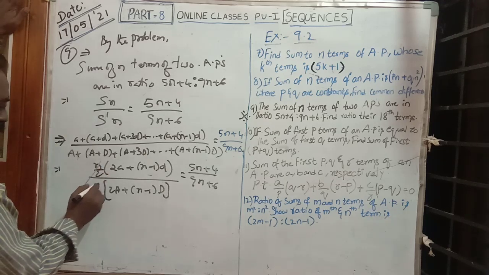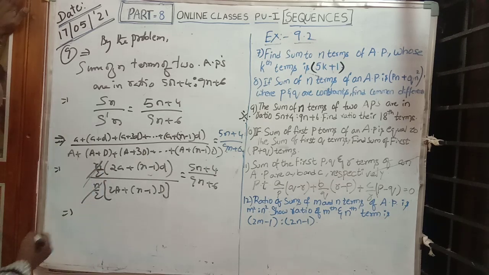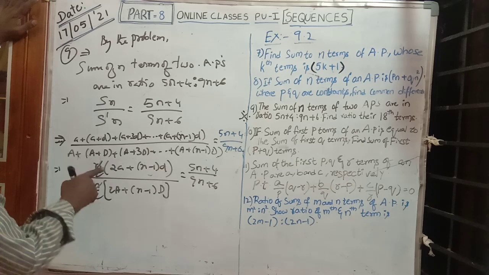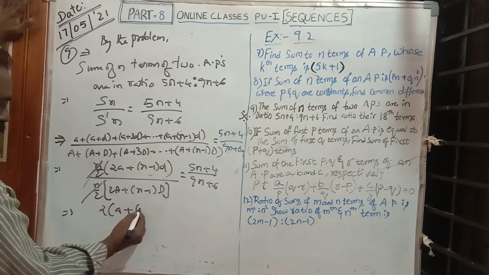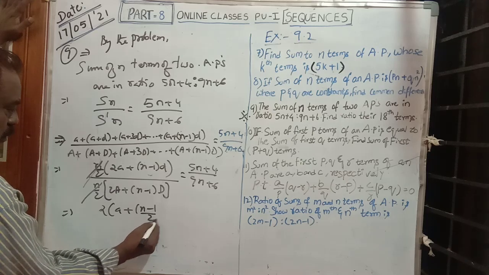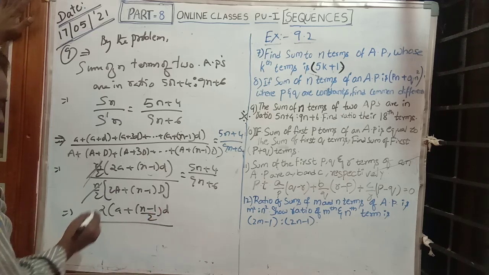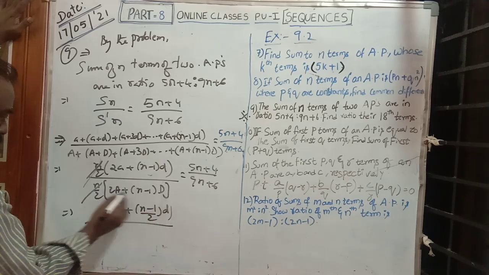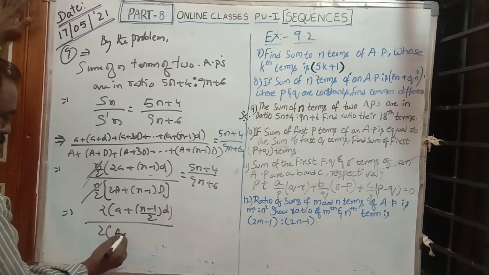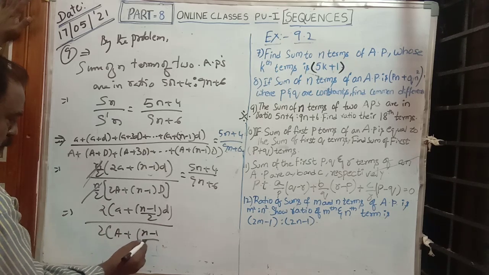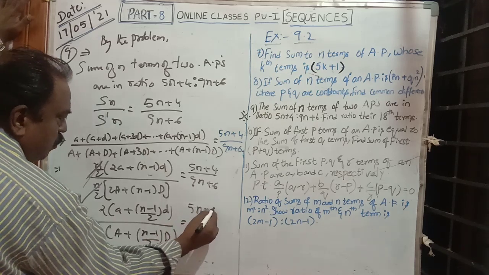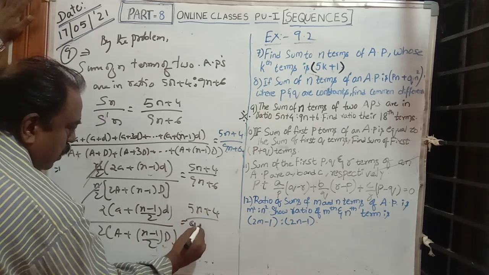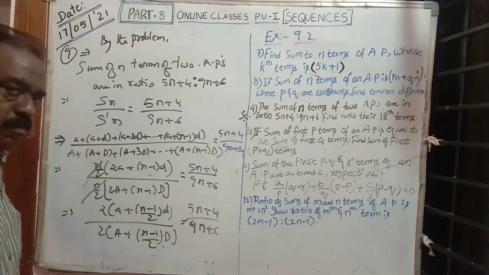So it is cancelled. Now you take 2 as common: 2 of a plus n minus 1 by 2 into d, by, here also 2 is taken as common, A plus n minus 1 by 2 into capital D, equal to 5n plus 4 by 9n plus 6.